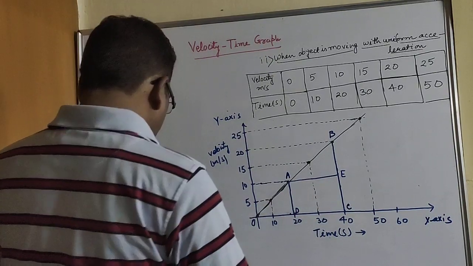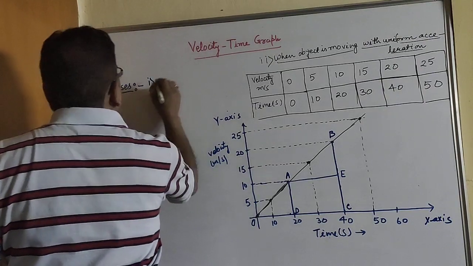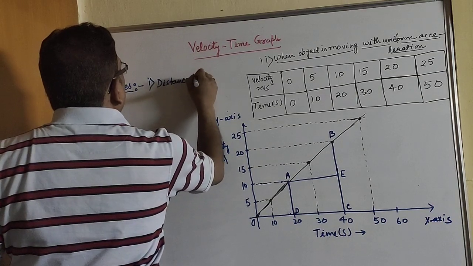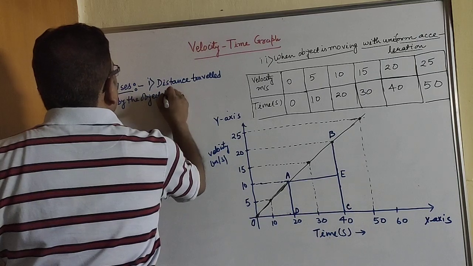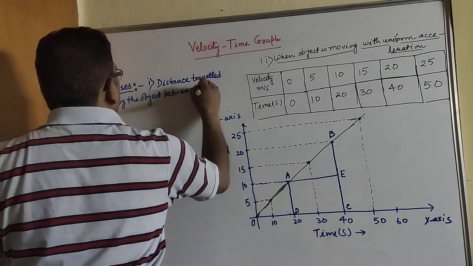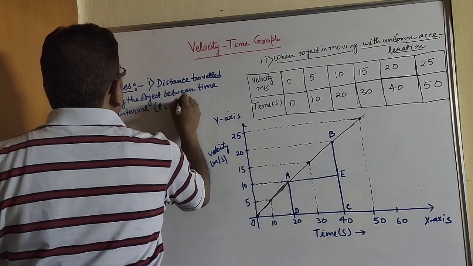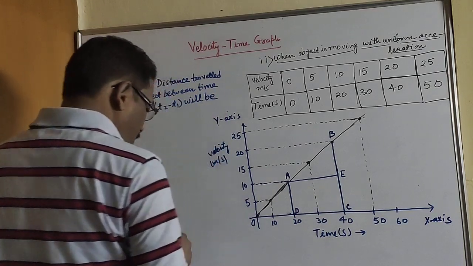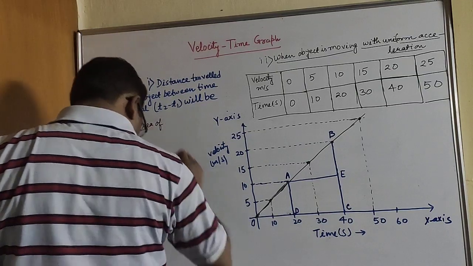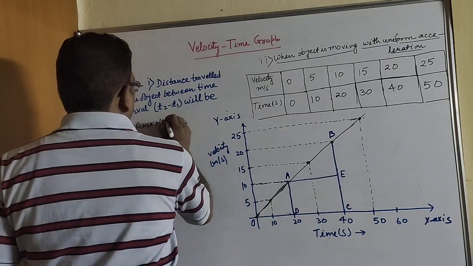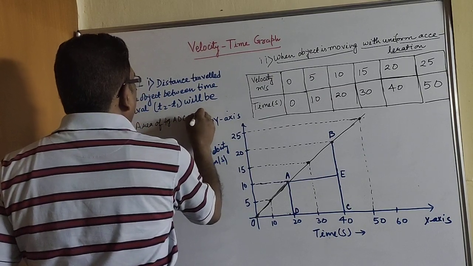Okay children. Now to calculate first the magnitude of displacement from this graph, we can say that the distance traveled by the object between time interval t2 minus t1 will be equal to simply area of figure ADCEB, isn't it?